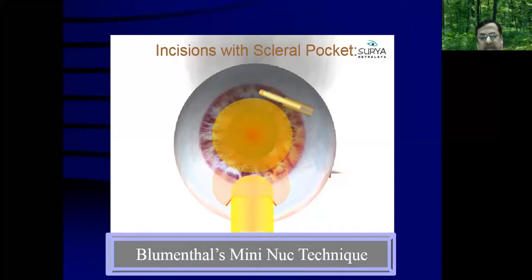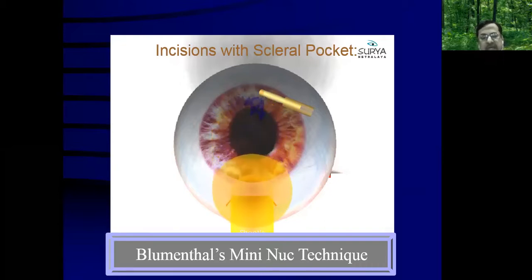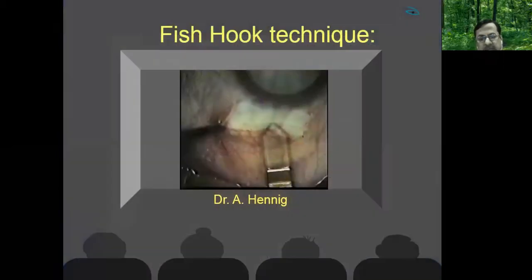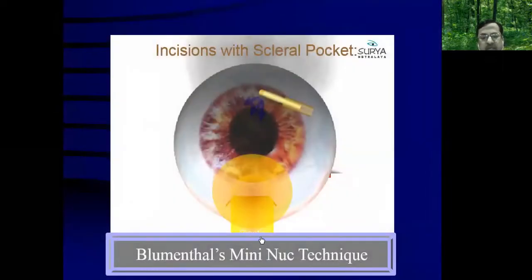This Sheets glide goes into the scleral tunnel and depresses the posterior wall of the scleral tunnel. Because of that, the fluid starts flowing out and it brings the nucleus into the scleral tunnel. So the nucleus gets trapped in the scleral tunnel and it can come out totally, or you can divide the nucleus in the scleral tunnel. I'll show you one full video of mine of the Blumenthal mini nuke technique along with my modifications in this technique.